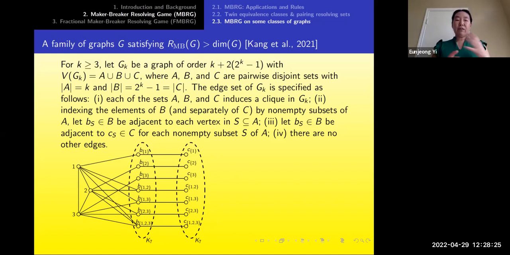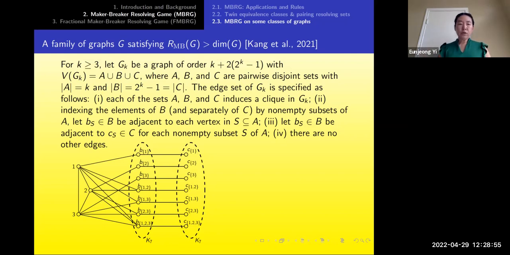So let me describe this graph a little bit. I will go to the picture directly. You have 1, 2, 3. That is the vertex set A. And if you move forward, there are 7 vertices in the dotted circle. That's vertex set B. And the one next to it, 7 vertices again, is vertex set C. So A, B, C are all forming cliques.